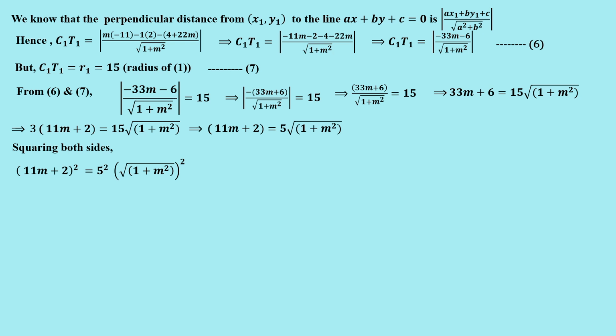Squaring both sides, (11m + 2) whole square equals 5 square times (1 + m square). Using the (a + b) whole square formula, 121m square + 4 + 44m equals 25(1 + m square).